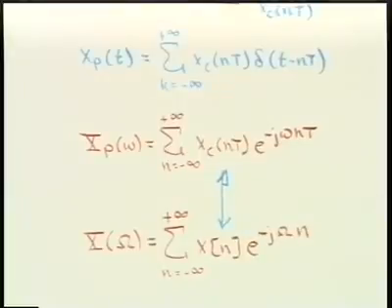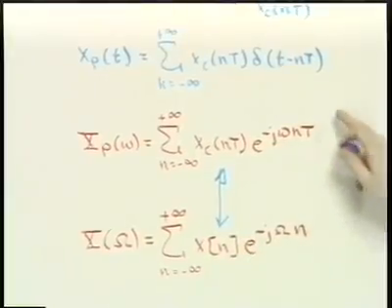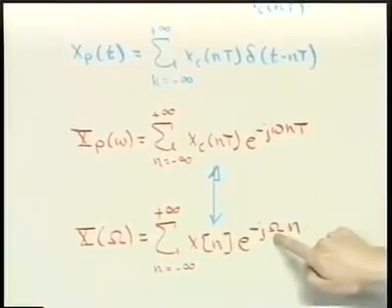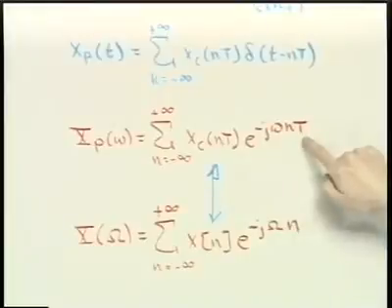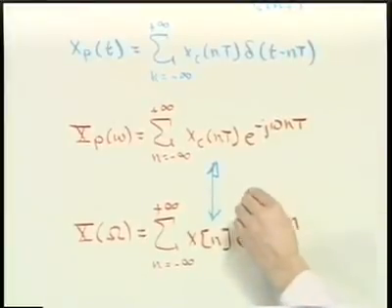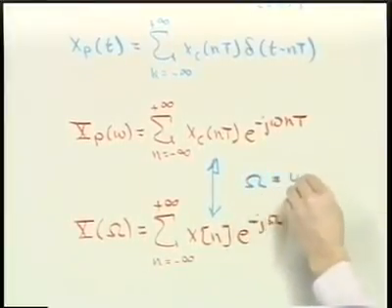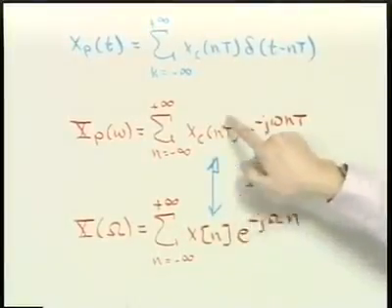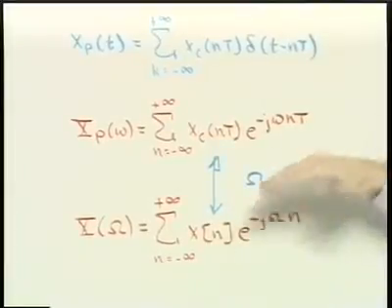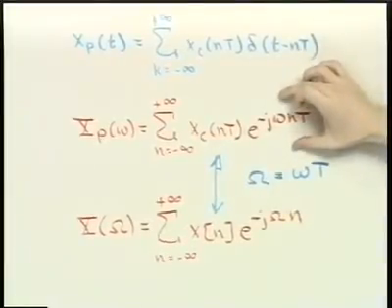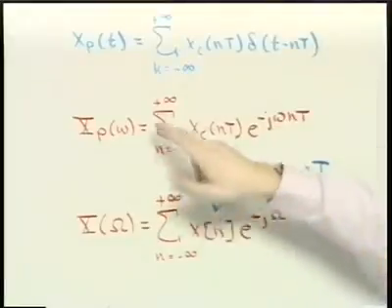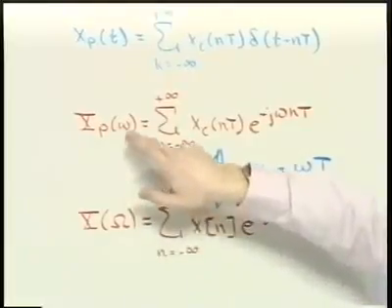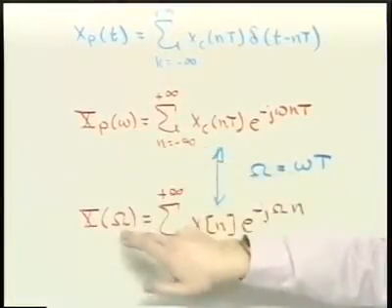And notice that when we compare these exponential factors, they're identical as long as we associate capital omega with little omega times capital T. In other words, if we were to replace here capital omega by little omega times capital T and replace x of n by x sub c of nT, then this expression would be identical to this expression.